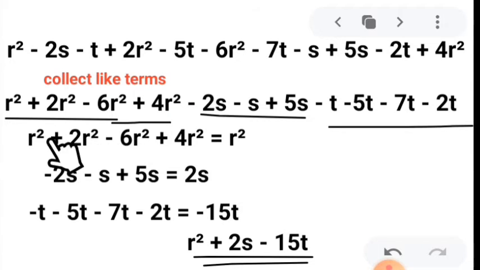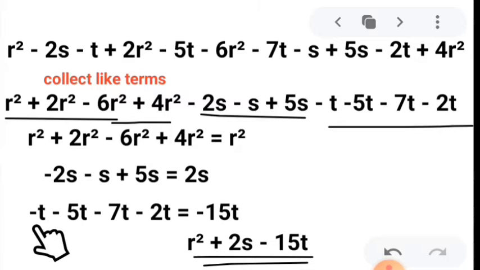So we have taken the like terms, everything that has the same variable, and brought them together. So we have r raised to the power 2 plus 2r raised to the power 2 minus 6r raised to the power 2 plus 4r raised to the power 2. It will give us r raised to the power 2. And we have minus 2s minus s plus 5s is 2s, and minus t. Remember, there is no number in front of the variable, so it takes the number 1.